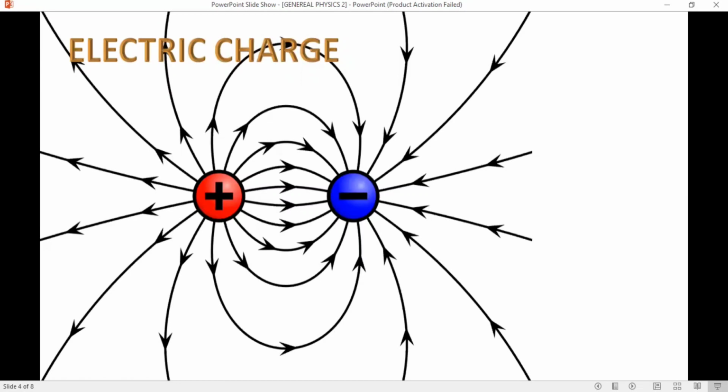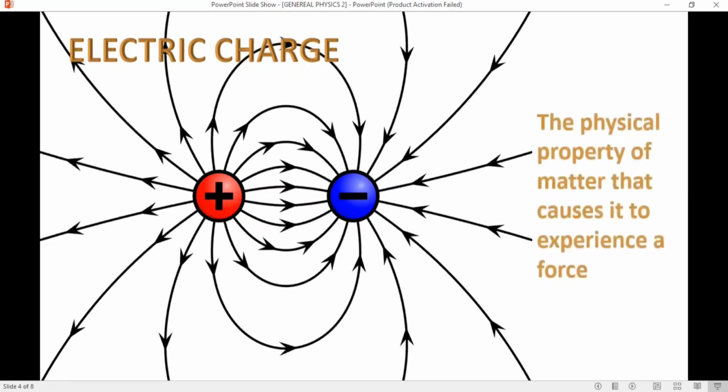What comes to your mind when you see this picture? Probably you will say, Sir Fox, that is electric charge. So if the positive sign here and negative sign are electric charge, therefore what is electric charge?